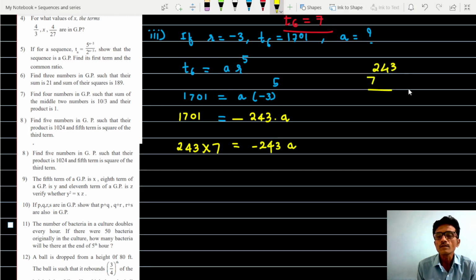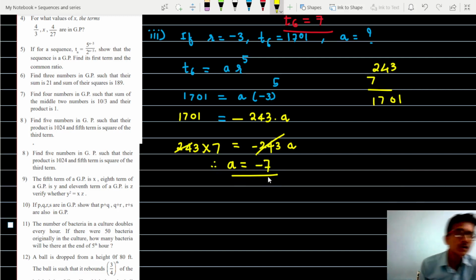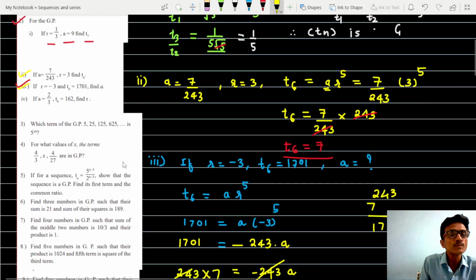So what will give? 1, that is 2 carry, then 0, 3, 14 and this 3, that is equal to what? 17. This multiplication here, so that this 243 और ये 243 cancel होगा and finally you are getting our answer A is equal to what? Minus 7. Done. So A is equal to minus 7.